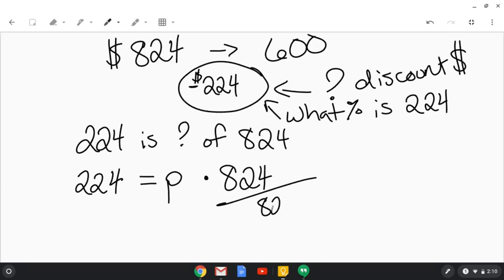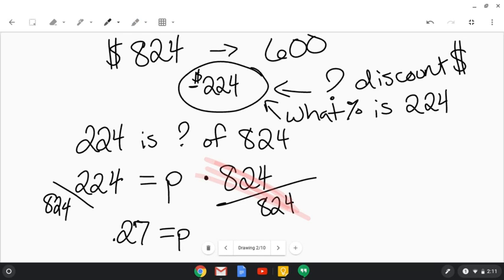So then, opposite operations. $224 divided by $824 equals, and I got 0.27, and I rounded. I just kept the first two digits, equals P. Remember that this is because multiplication and division cross each other out.